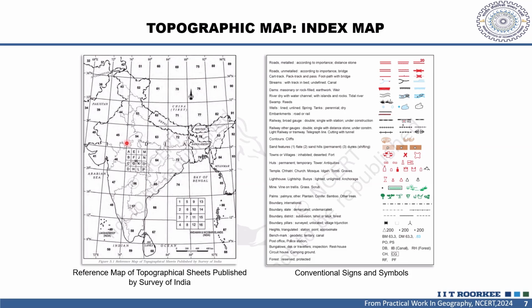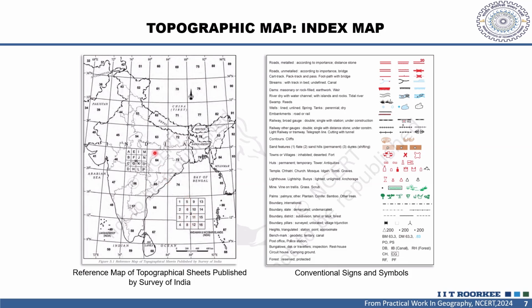Each grid is divided into 16 subgrids, that is, A, B, C, D up to P. Each subgrid, assigned a letter, is further divided into 16 numbers, 1 to 16.